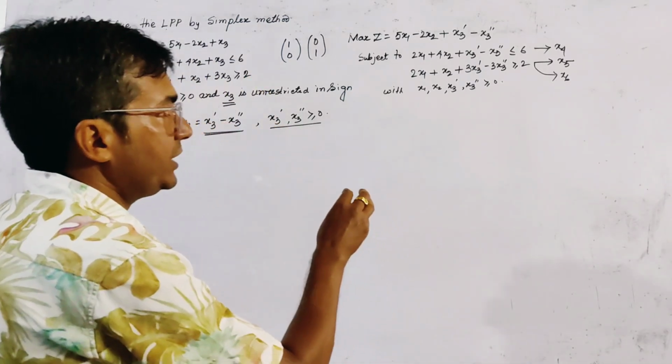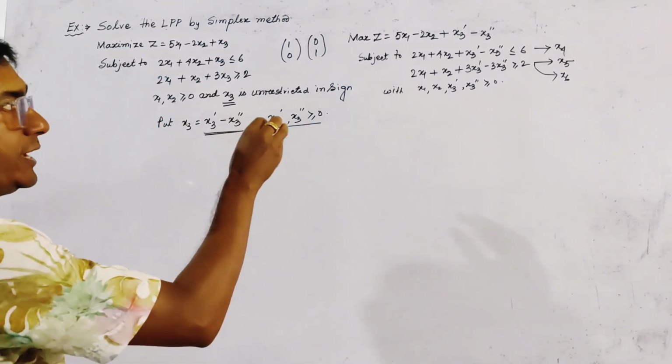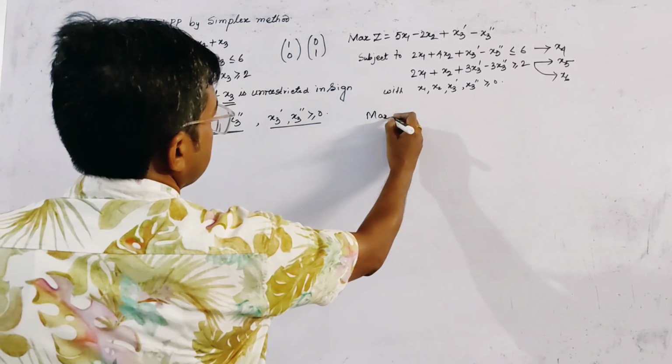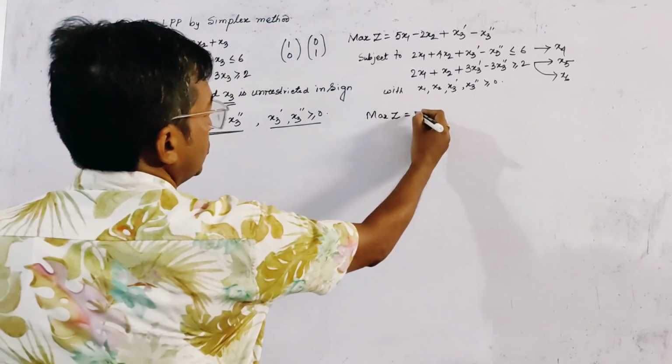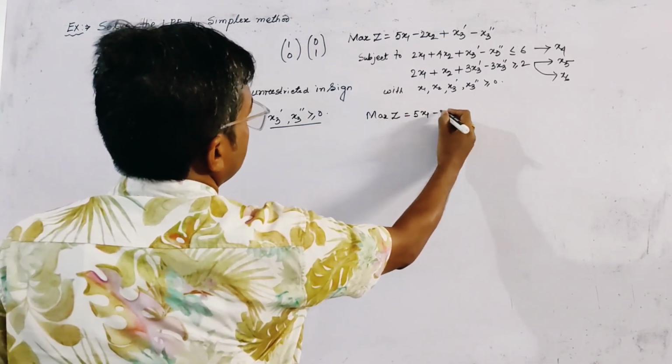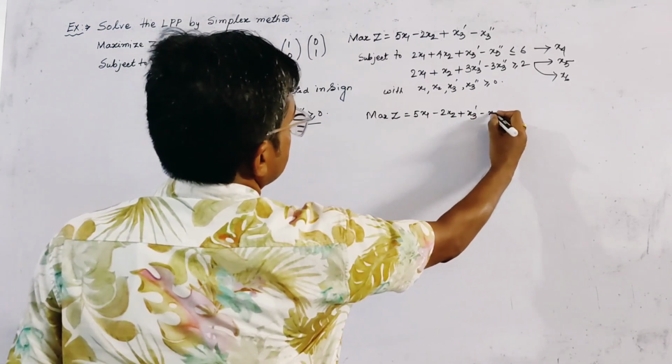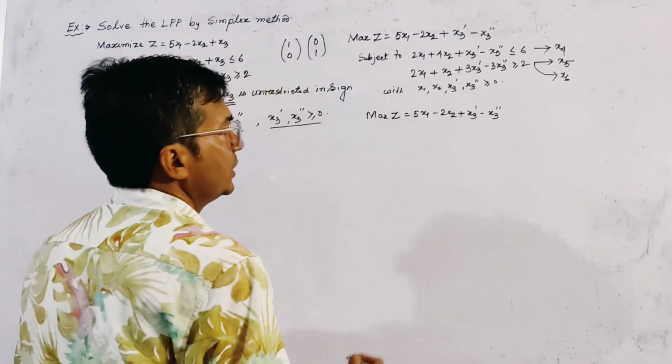The LPP in standard form we write as: max z equals 5x1 minus 2x2 plus x3 dash minus x3 double dash.